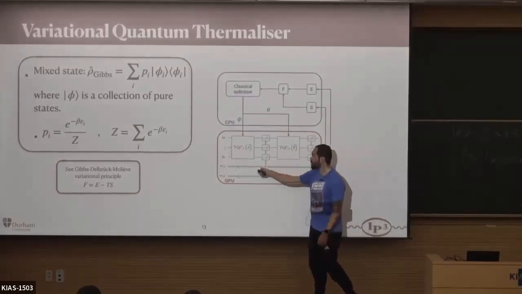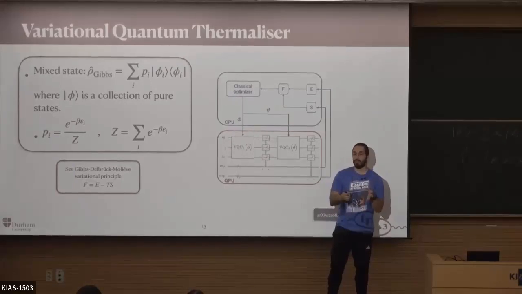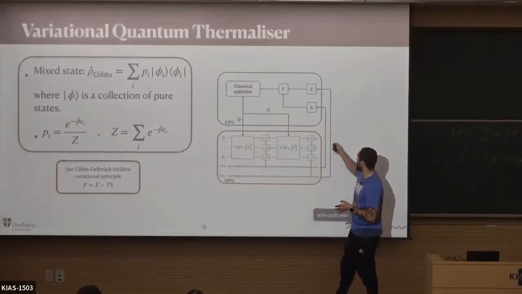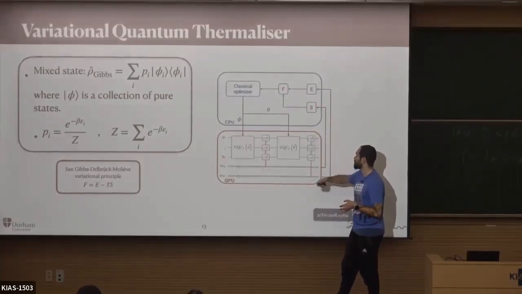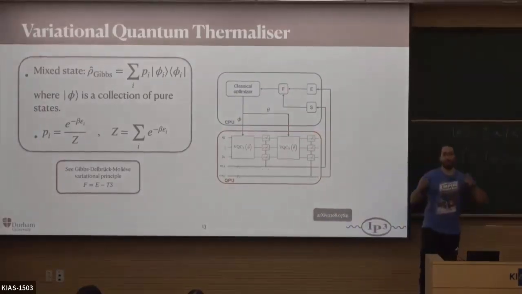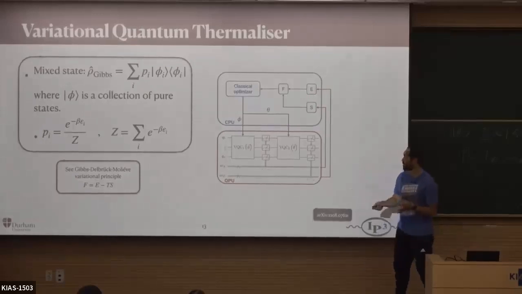The job of the first circuit is to calculate the entropy, which we plug into the free energy, and the job of the second circuit is to calculate the energy expectation value of this particular state.